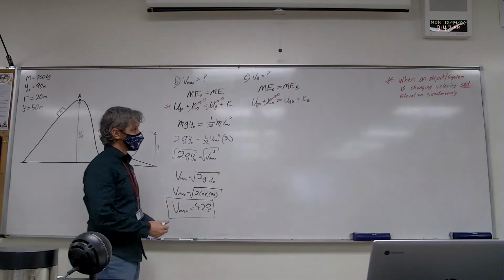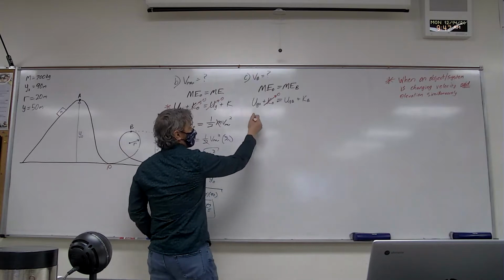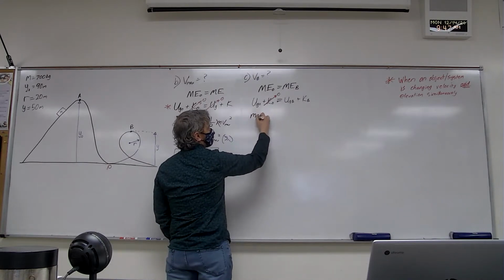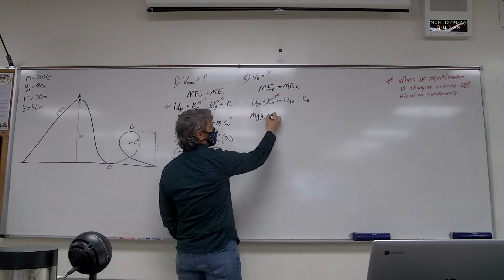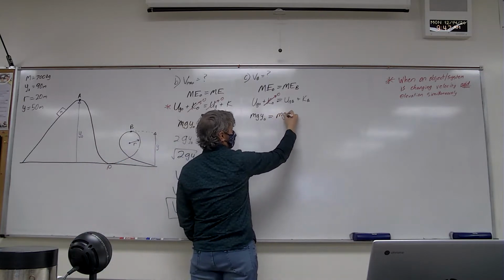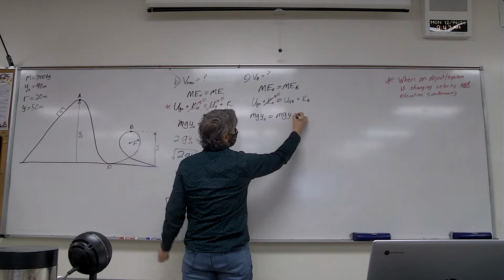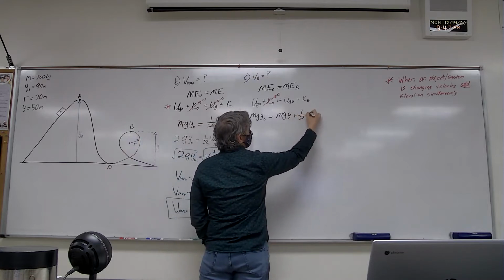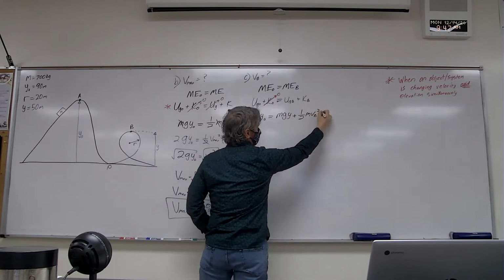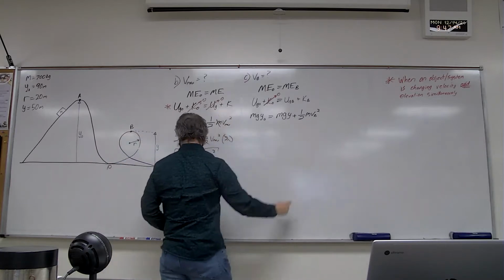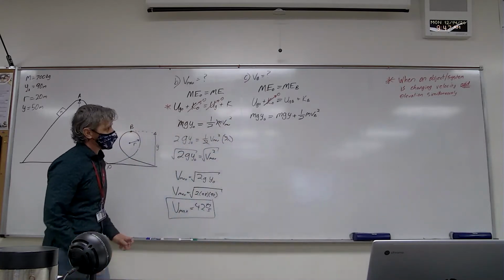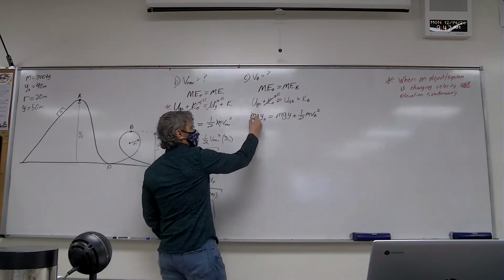Okay. So my initial gravitational potential, again, is just mg times that initial height, y naught. And that's going to equal my final gravitational potential, which is mg times my final height, y, plus 1/2 times the mass times the velocity at B squared. And that velocity there is what I'm looking for. Everybody brought mass to the party.